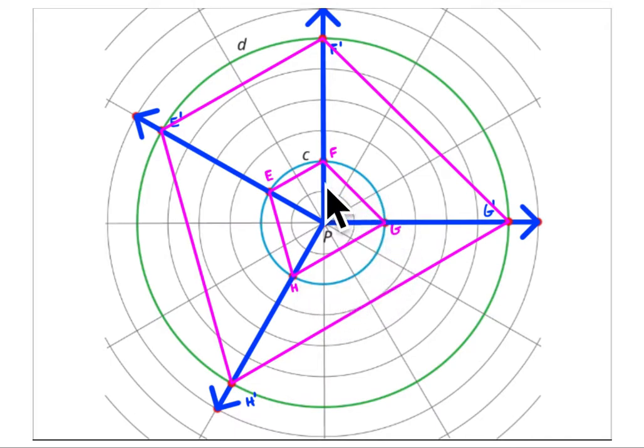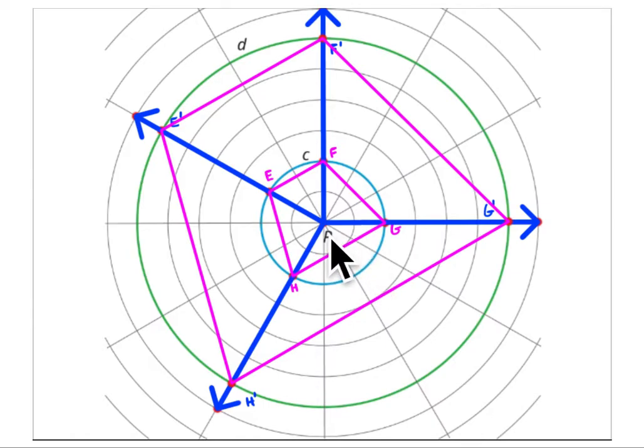So wherever they are on this circle, they are 2 units away. For the green larger circle, they are 6 units away. 1, 2, 3, 4, 5, 6. So wherever you are on this larger circle, all the points on this larger circle are 6 units away from P.